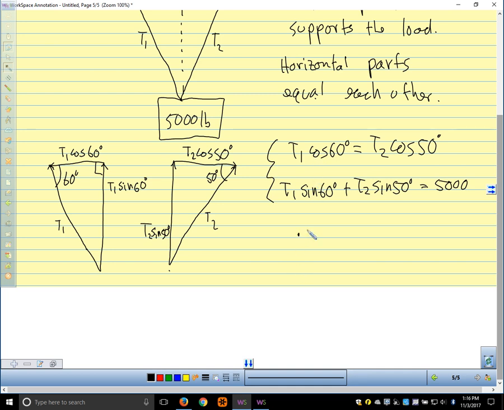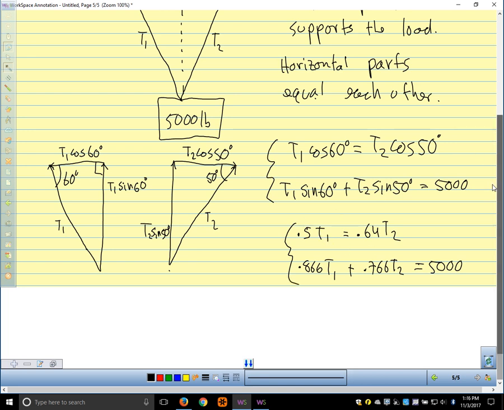So 0.5 T1 equals cosine of 50 is 0.64, 0.64 T2. And then from this one, sine of 60 is 0.866, square root of 3 over 2, about 0.866, T1 plus sine of 50 is 0.766. That equals 5,000. So this is my system of equations.